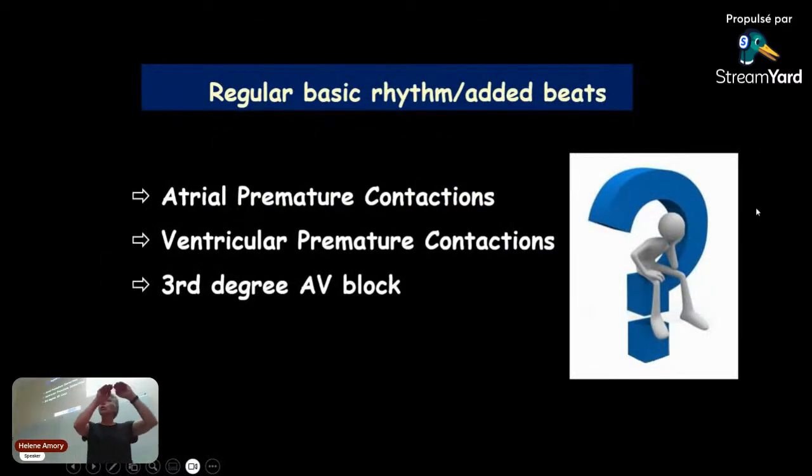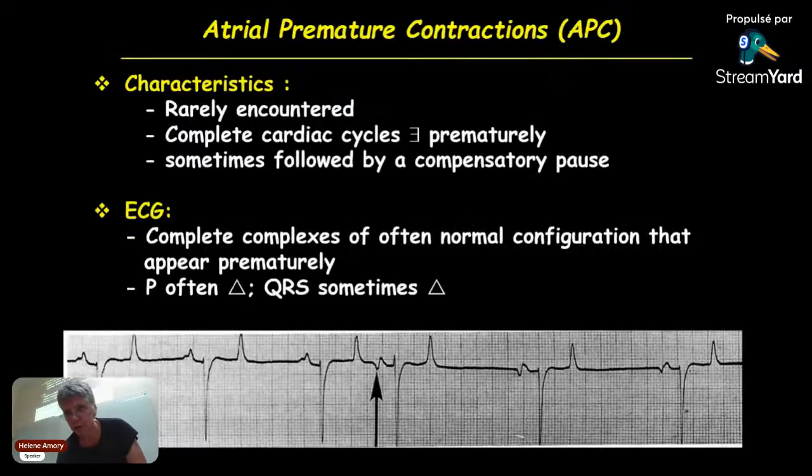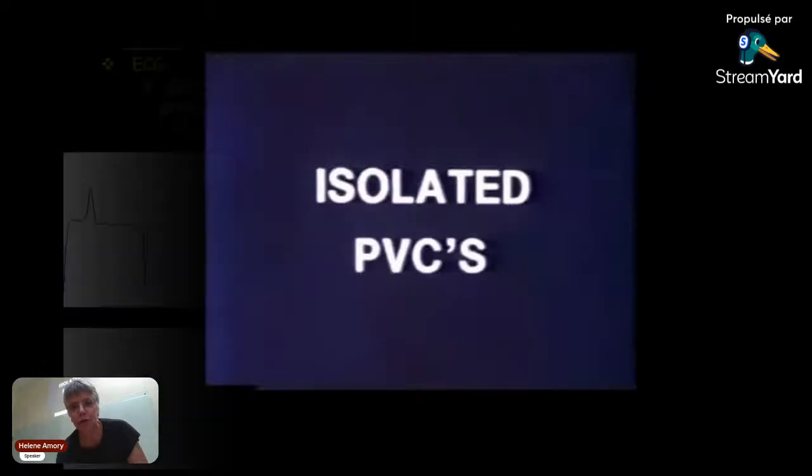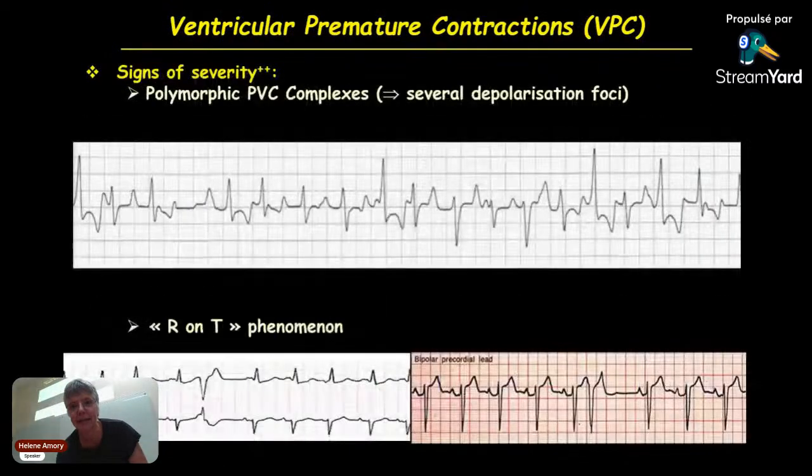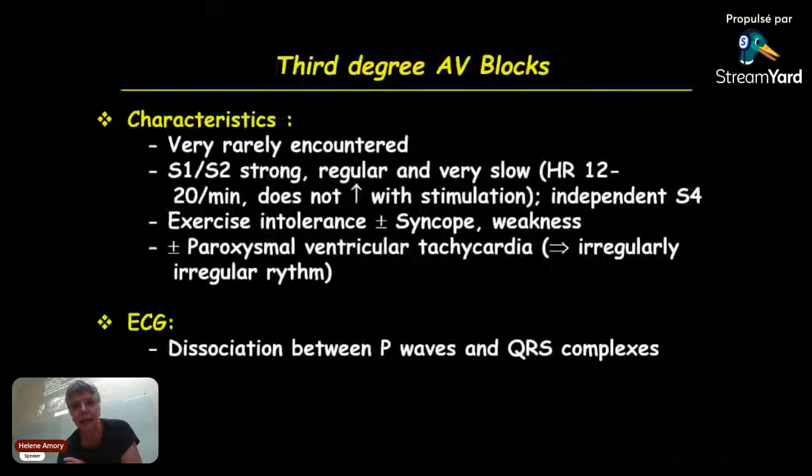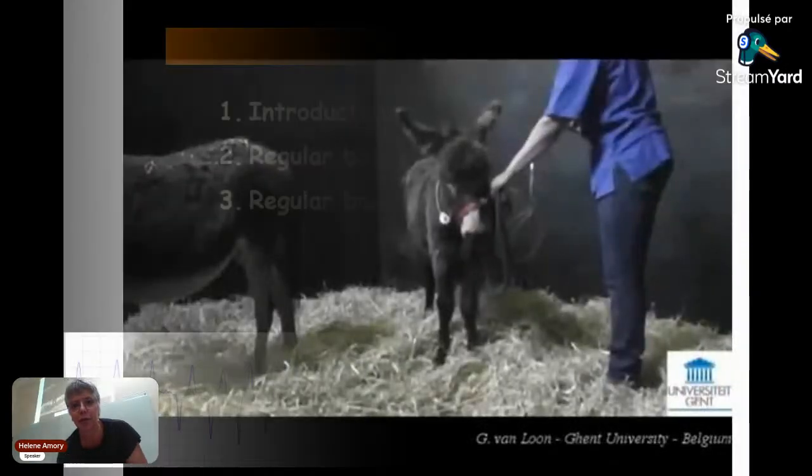If you have an irregular rhythm and sometimes an additional beat, it can be an atrial premature contraction, a ventricular premature contraction, or a third degree atrioventricular block, which is very, very rare. What we have in this particular case is a completely irregular rhythm.